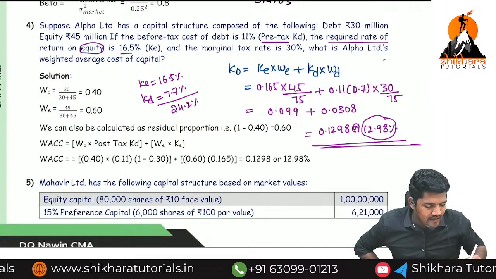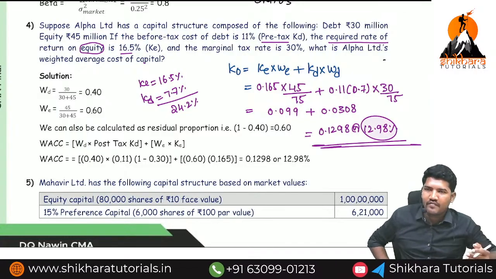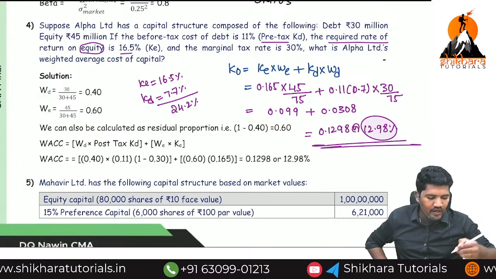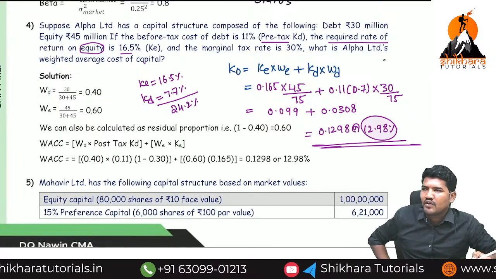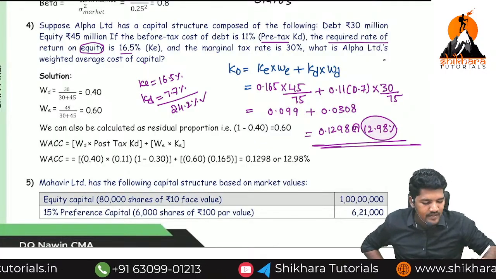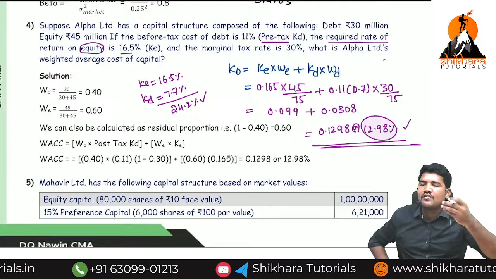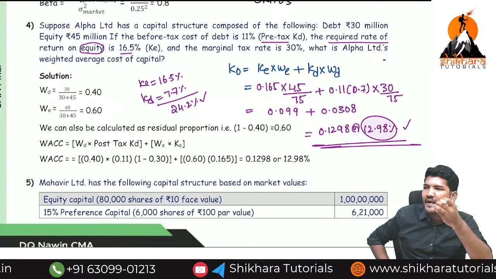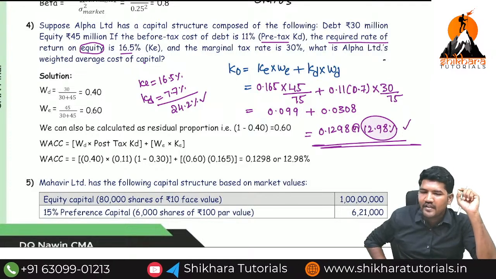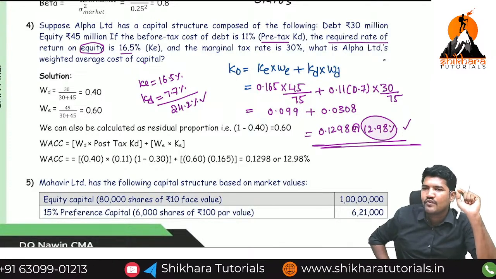Which one is KO, or overall cost of capital, 24.2 or 12.98? Guys, clear? This is called individual summation. This is called what summation? Weighted summation. Simply put, which one is practically possible? Repayment of cost at 24.2 per year or 12.98? 12.98.